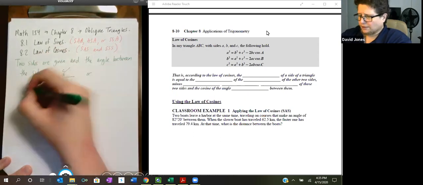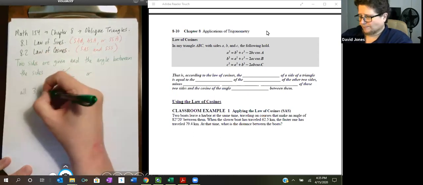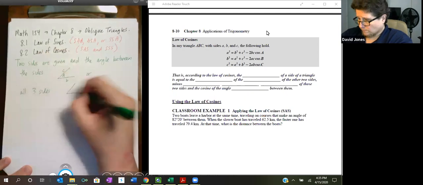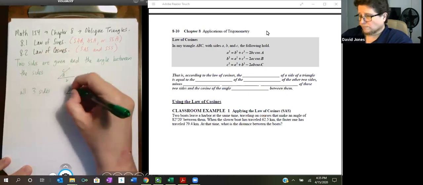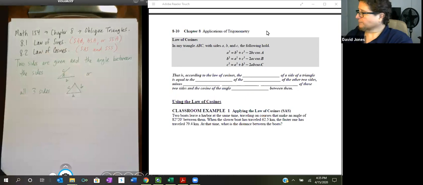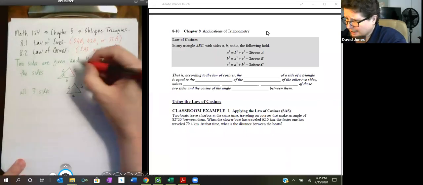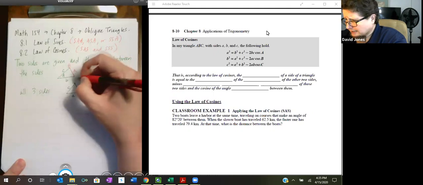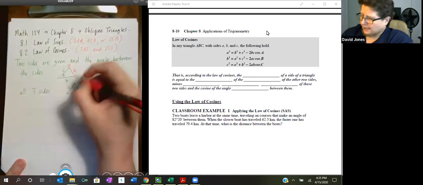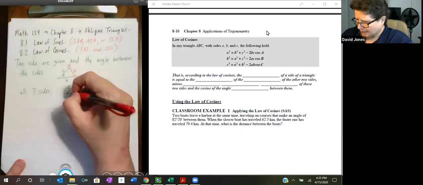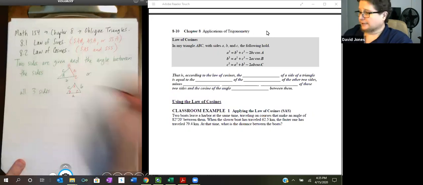Or all three sides. So we could complete the triangle there. This would give us little side A over there, angle B, angle C here. Here we're missing angle A, angle B, angle C.